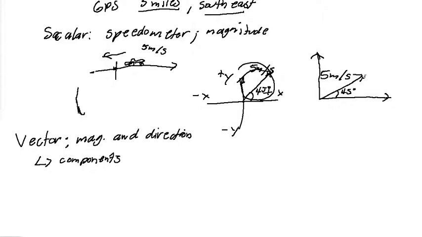Now, if you notice, this vector looks pretty much like a triangle, so we will treat it as a triangle. Our 5 meters per second is actually the hypotenuse of a triangle.